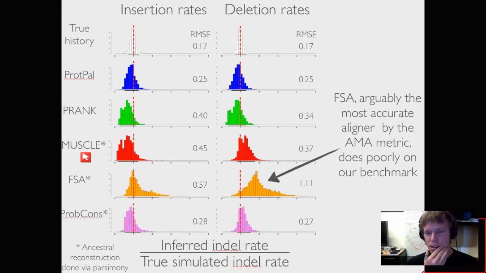And then something we haven't quite figured out why it is happening, but FSA, arguably the most accurate alignment program, as measured by these per residue metrics, doesn't do very well on our benchmark. And I think it's the way that FSA treats gaps, in that they're not treated as phylogenetic events, but rather as this abstract gap concept.